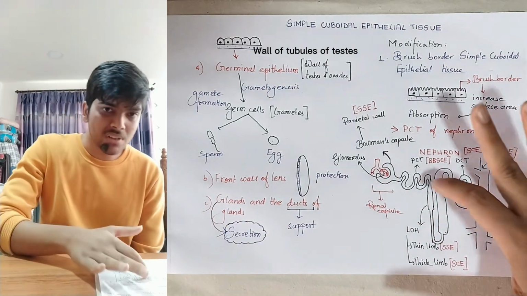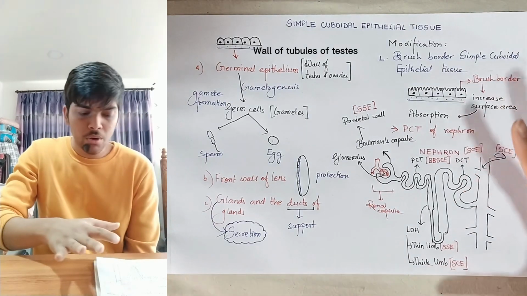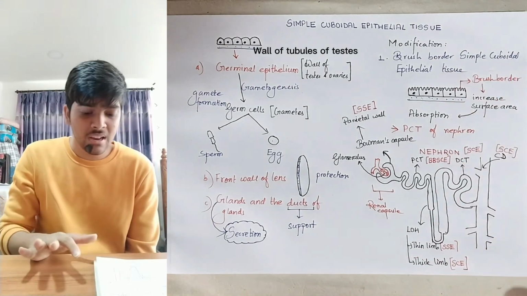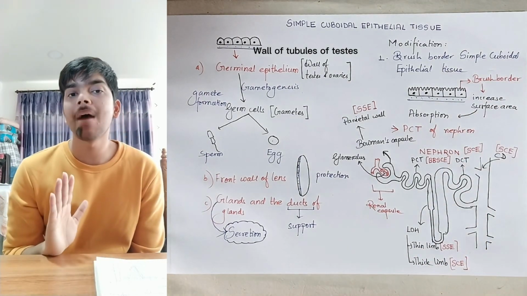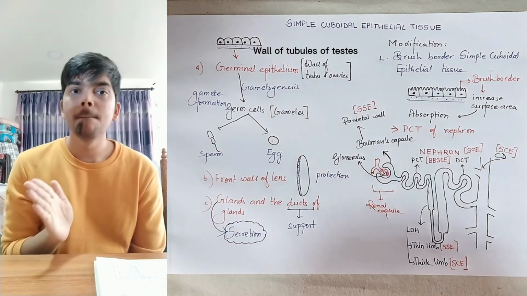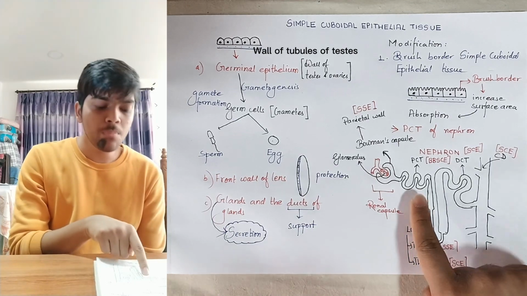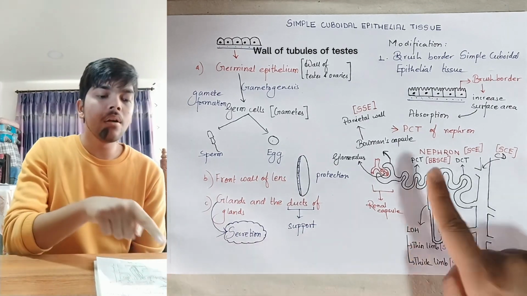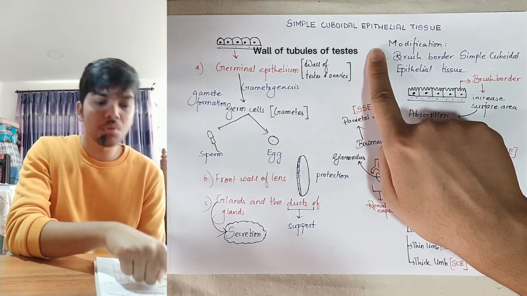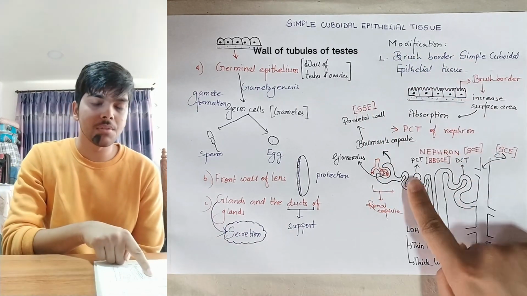Be it proximal convoluted tubule, distal convoluted tubule, thick limb of loop of Henle, or collecting duct, all of them have simple cuboidal epithelium. But there's a slight modification in the proximal convoluted tubule. In the proximal convoluted tubule, under simple cuboidal epithelial tissue, broad border epithelium is found.